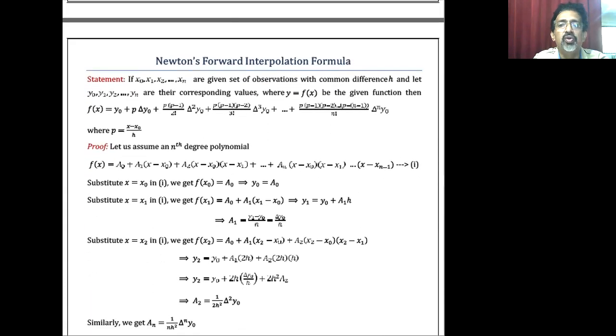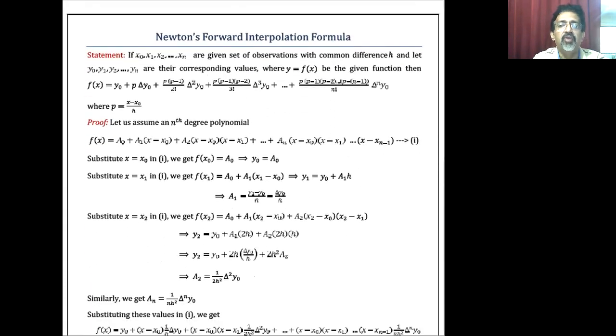Then I go to Newton's forward interpolation formula. Here the statement is, if x naught, x1, and so on to xn are a given set of observations with common difference h, and y naught, y1, y2, and so on up to yn are their corresponding values, then y equal to f of x can be written as what?